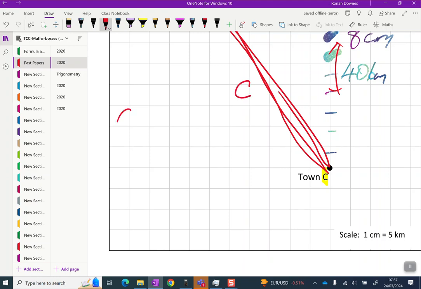So the formula says that C squared equals 30 squared plus 40 squared. Okay, and we can calculate that, and we get 900 plus 1600. We get 2500.